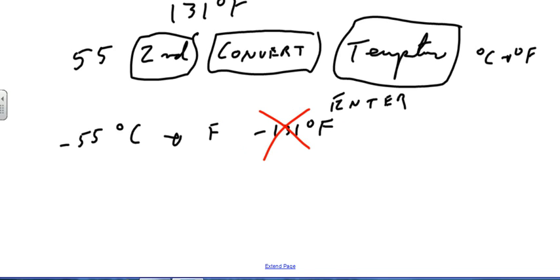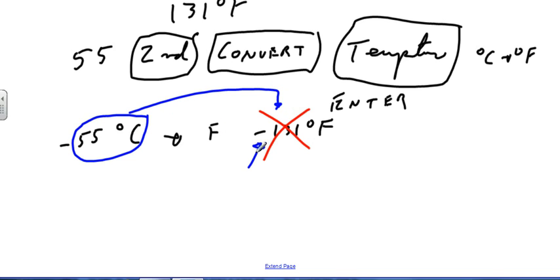What the calculator just did is it took 55 degrees, changed it to Fahrenheit, and put a negative sign in front of it. Oh, thank you, calculator. Paid 20 bucks and you're going to do that?